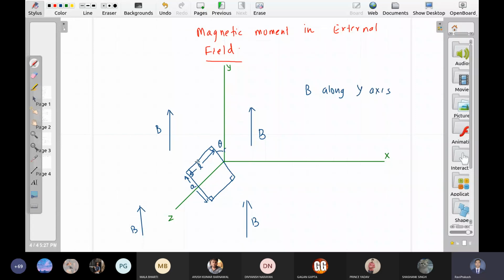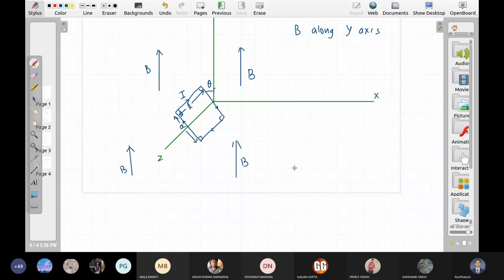And let us assume some current is flowing in this loop. Let us say that current is I. What is the magnetic moment of this loop? इस loop का magnetic moment कितना होगा? It is l A, which is the area of this loop, into I.